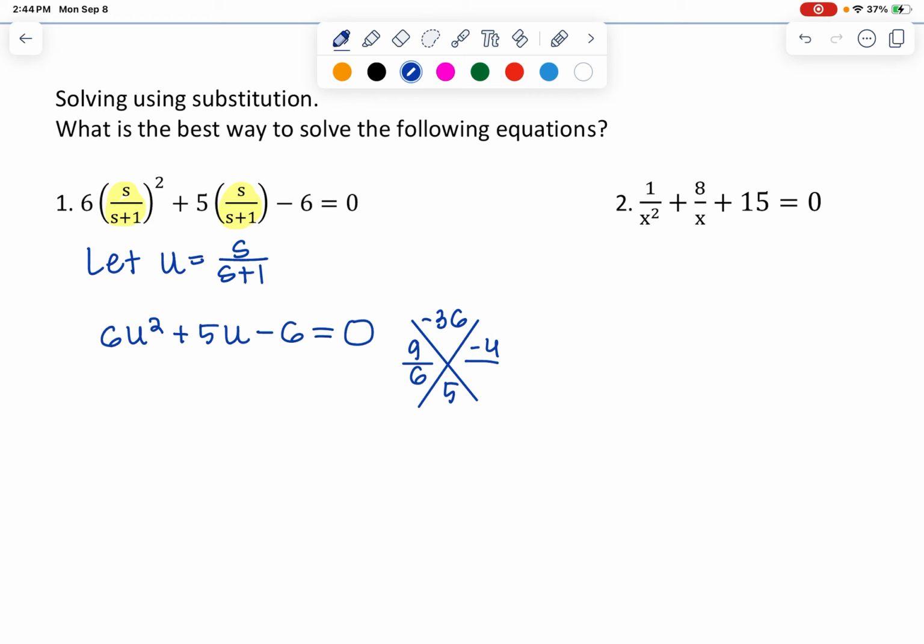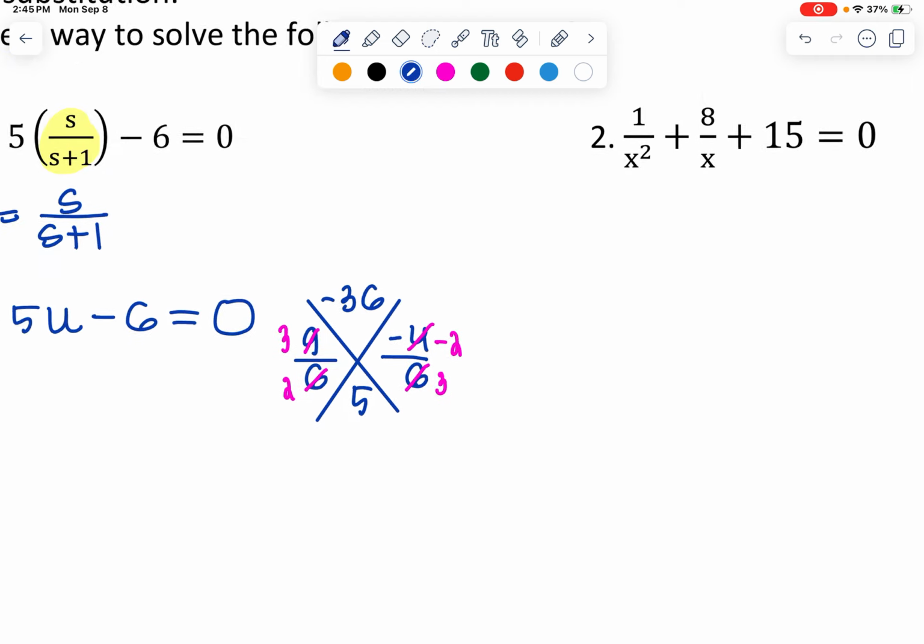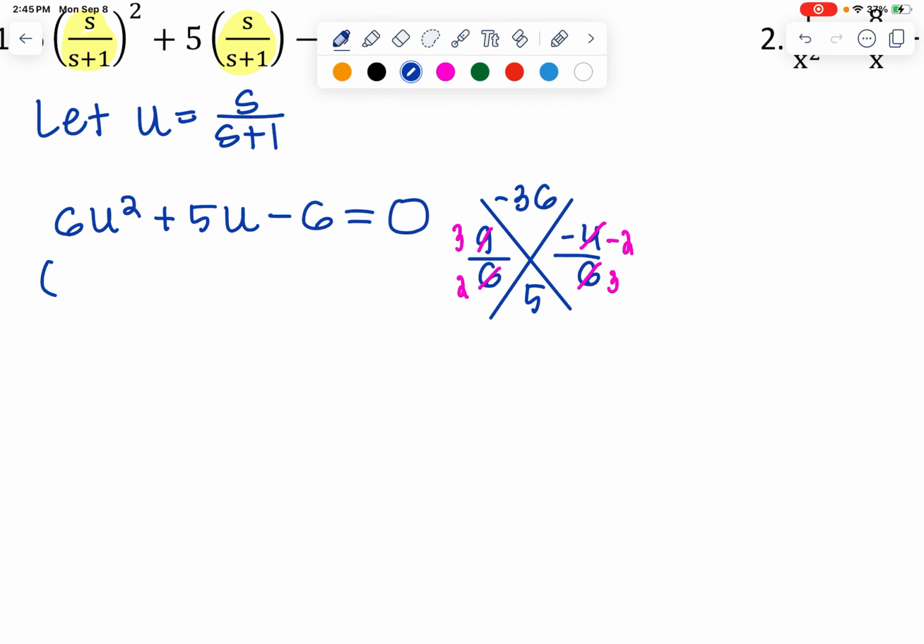Don't forget to divide by your lead coefficient of 6, and then simplify either one or both of your fractions depending. So 3 goes in here twice, 3 goes in here 3 times, 2 goes in here 3 times, 2 goes in here negative 2 times. So bottoms up, you have 2u plus 3 and 3u minus 2 equals 0. And then you can set each factor equal to 0 and solve.